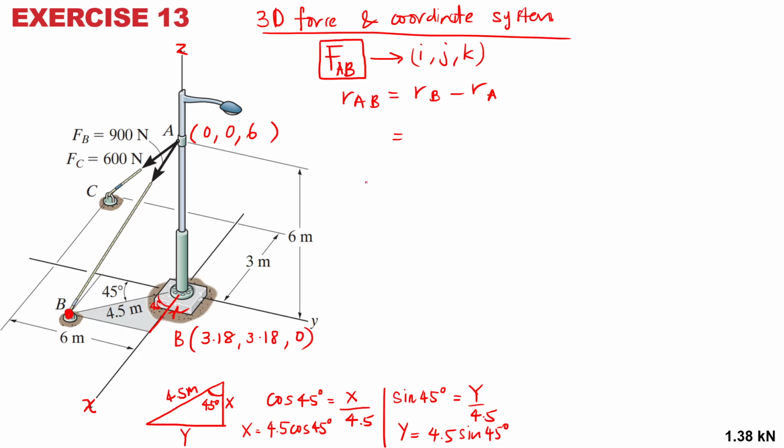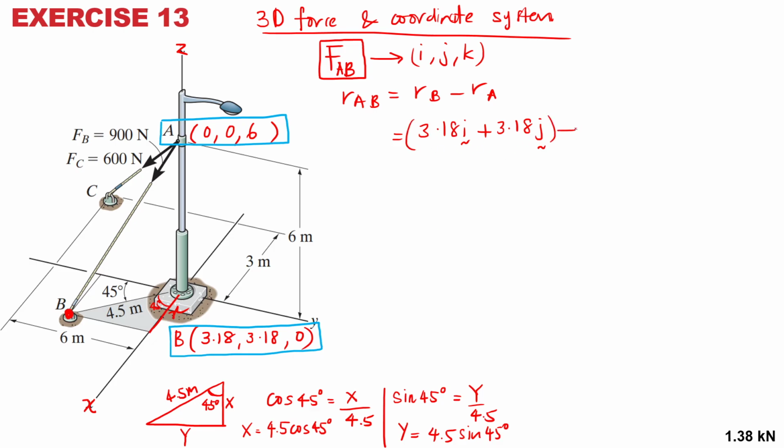When you're looking at RB, you need to be looking at coordinate B. When you're looking at RA, you need to be looking at coordinate A. So RB would be 3.18i plus 3.18j, and that's all, k is 0.